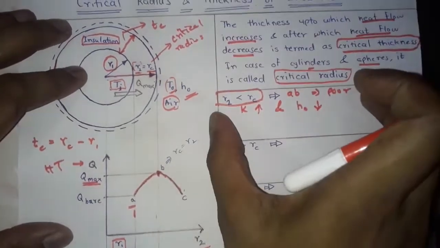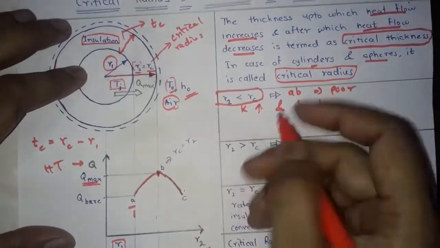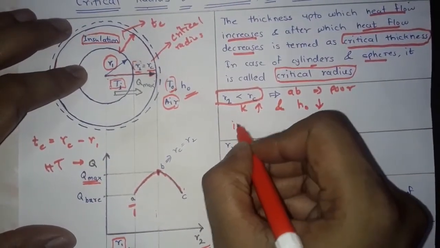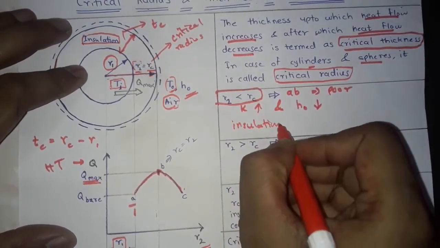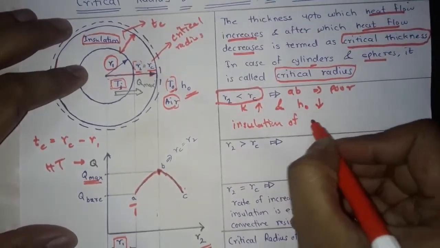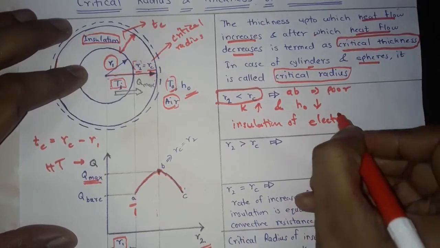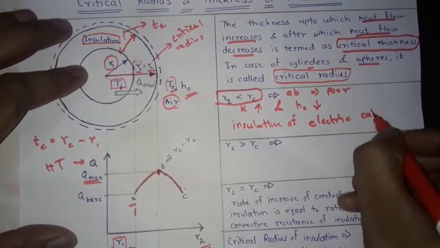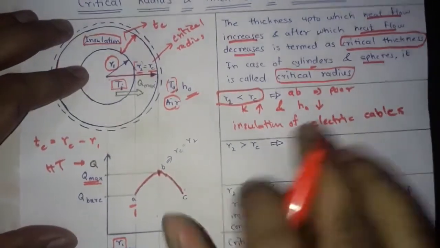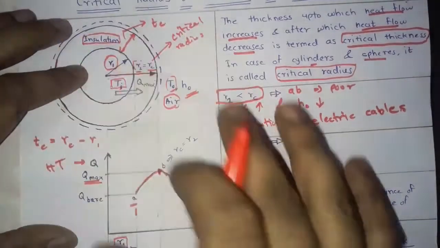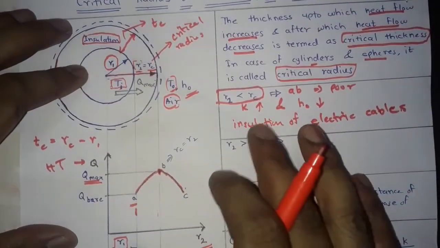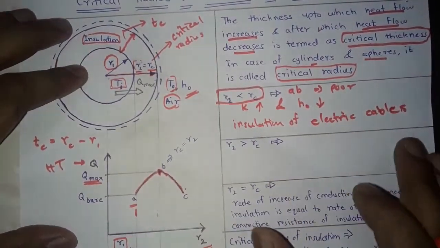This case is mostly used for insulation of electric cables, as here we need a good insulator for current and poor for heat transfer.